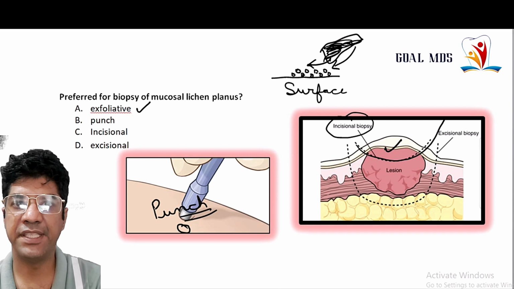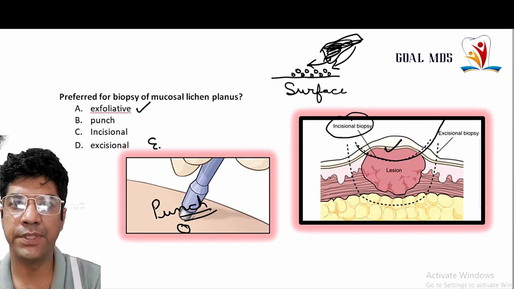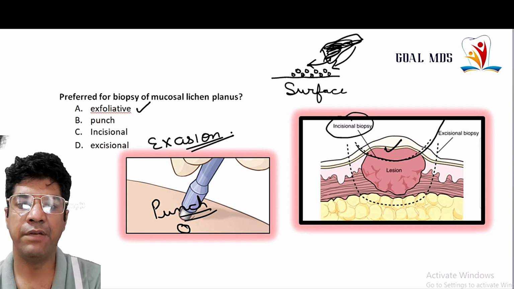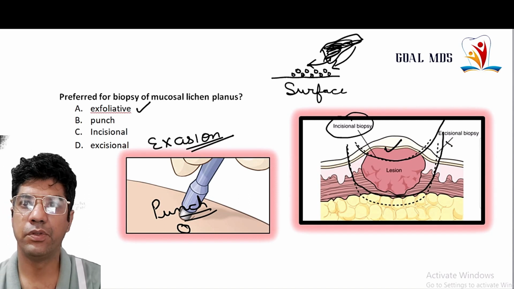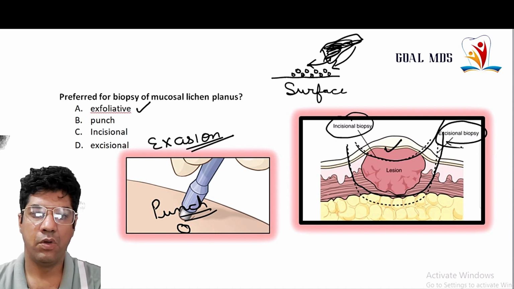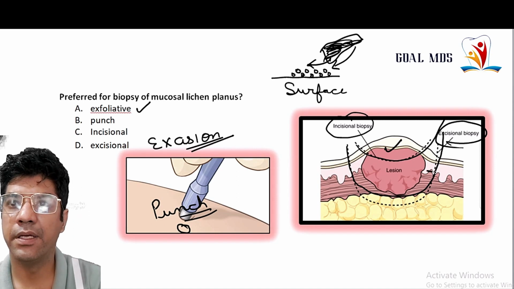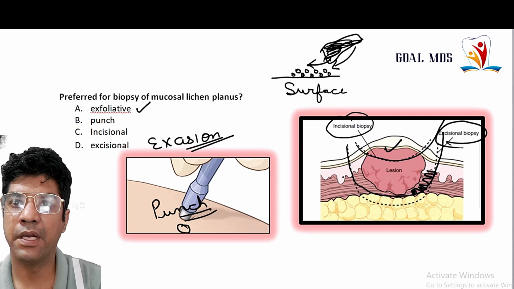What is excisional biopsy? Excisional biopsy involves the removal of the entire lesion, including the surrounding normal tissues.